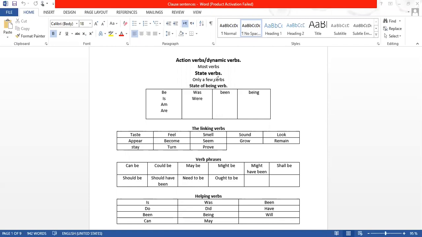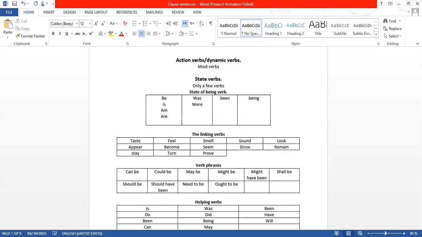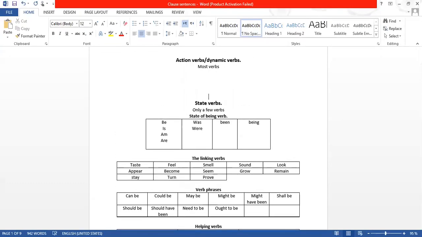So we have these state verbs and action verbs, also called dynamic verbs. Most verbs are dynamic, right? You already know that. Now, the problem is with the state verbs.